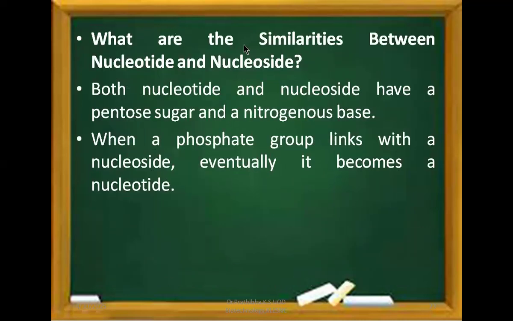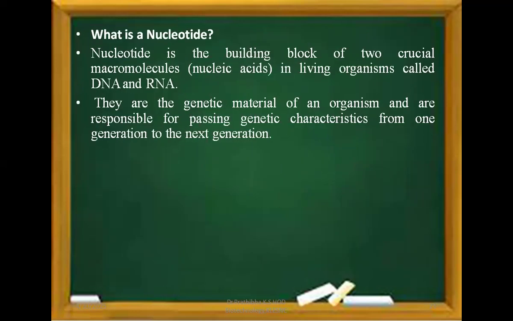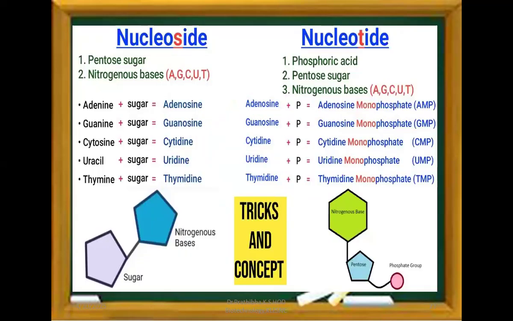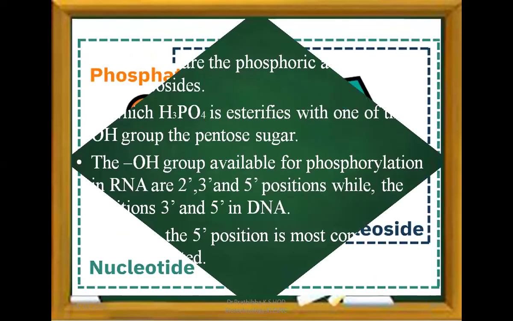Then coming to the similarities between nucleotide and nucleoside. Both nucleotide and nucleoside have a pentose sugar and a nitrogenous base. When a phosphate group links with the nucleoside, it becomes a nucleotide. I hope I made myself clear to you all about nucleotide and nucleoside.